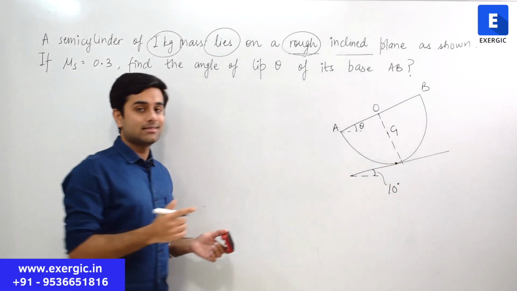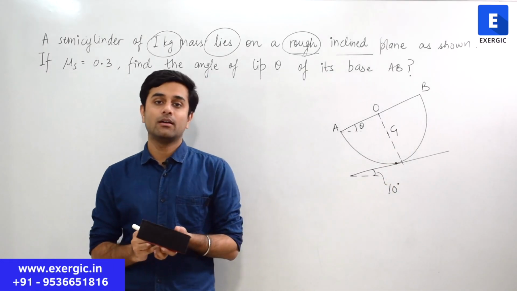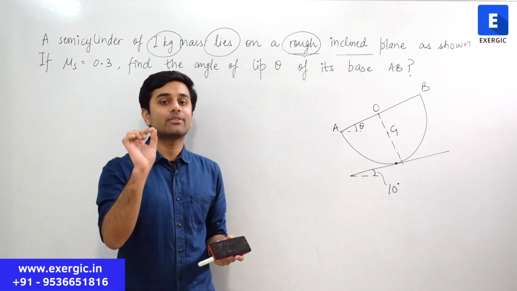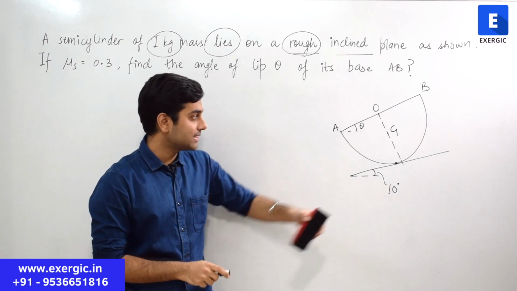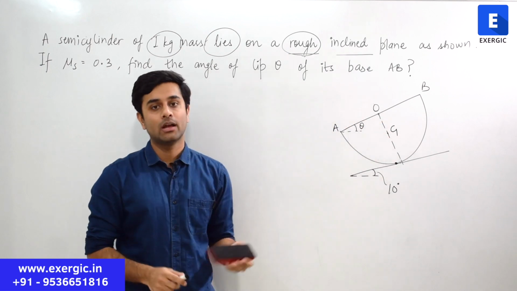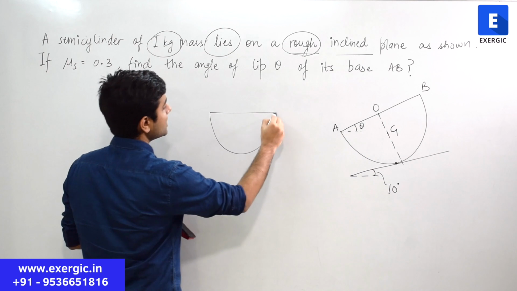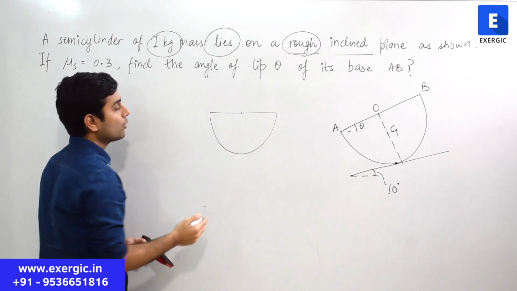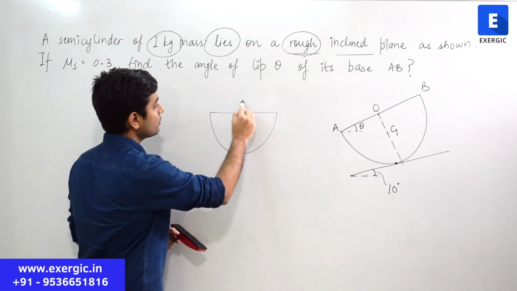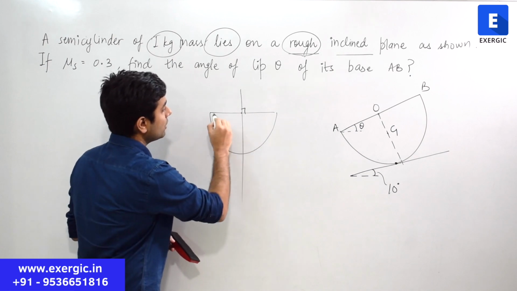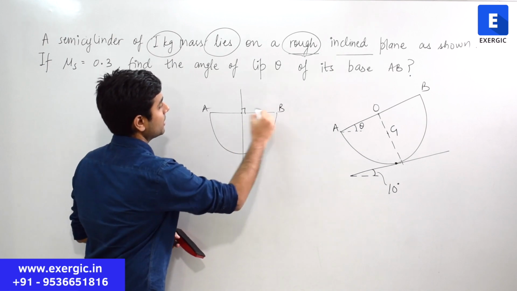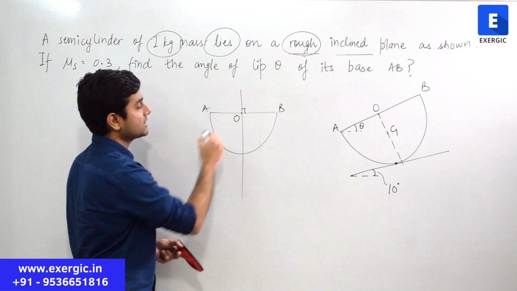Now where does the weight act? Weight acts at the center of gravity. I have shown the center of gravity of this body here. How do I know that it is going to lie there? Look, for any semi-cylinder, to locate the center of gravity, you just need to draw a line perpendicular to the base AB, passing through the center.